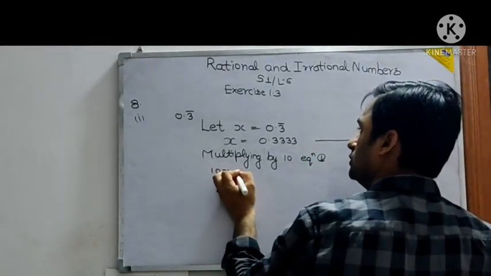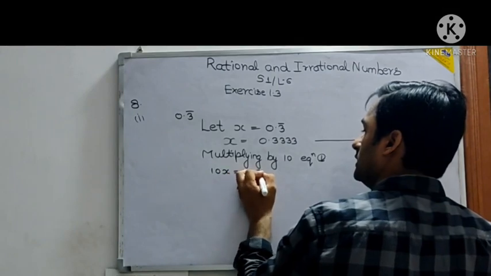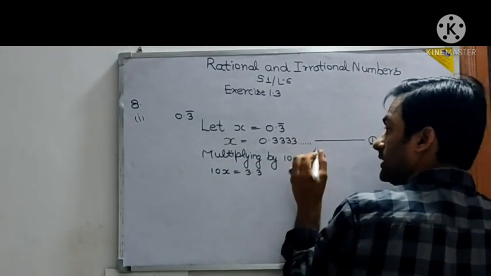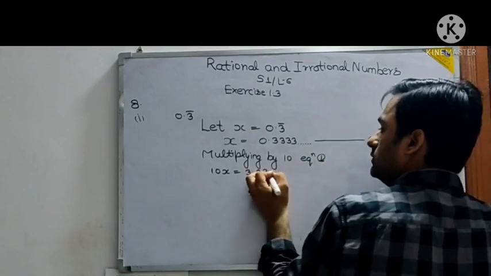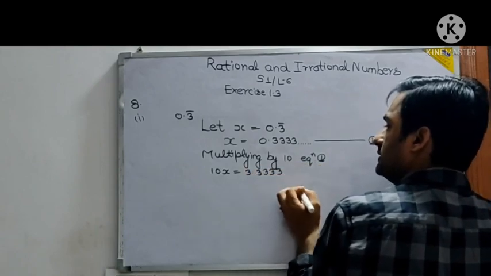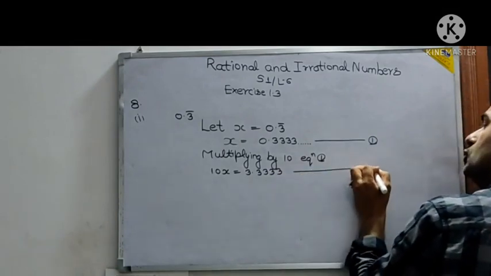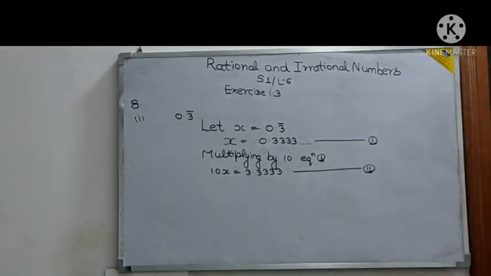10x is equal to 3 point 3333 dot dot dot. See here, you put dot dot dot, important, so many dots are there. This becomes your equation number 2. What next will you do now?